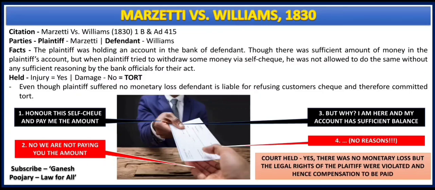His money is still safe in the bank, but there was discomfort, etc. And it is a violation of his legal rights. He always had the right to withdraw the money, which is not allowed by the bank, which is a violation of his legal rights done by the bank, and hence the bank has to pay the compensation. So that's what was held in this particular case law.